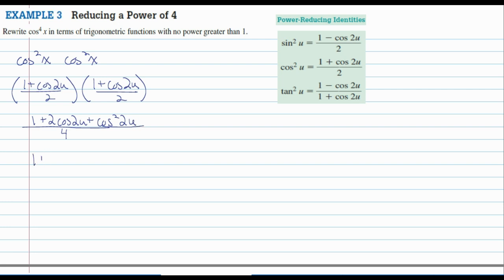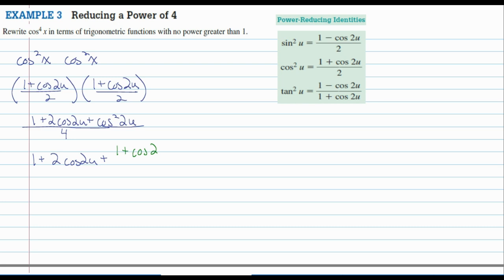So I have 1 plus 2 cosine of 2u, that expression's okay, plus, now I'm going to take a new power reduction, 1 plus cosine of 2u, where u in this case is whatever cosine was squared of.